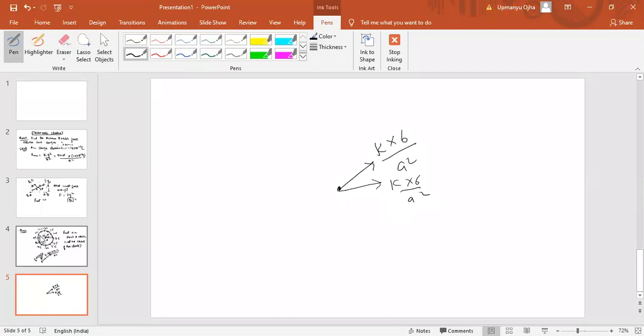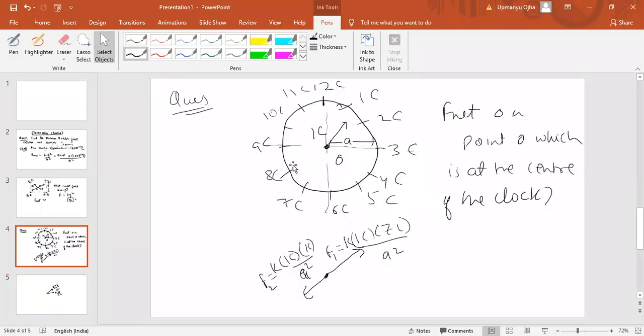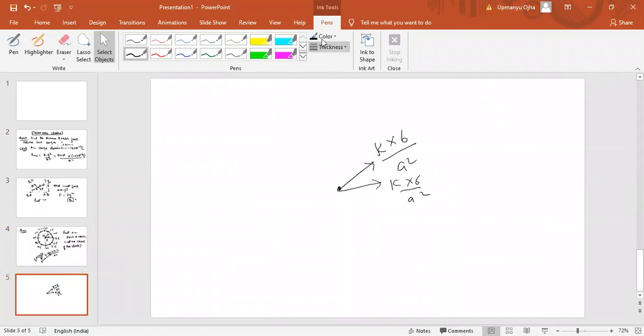Similarly, 3 and 9 will be the same. That would be again 6 into K by A square.